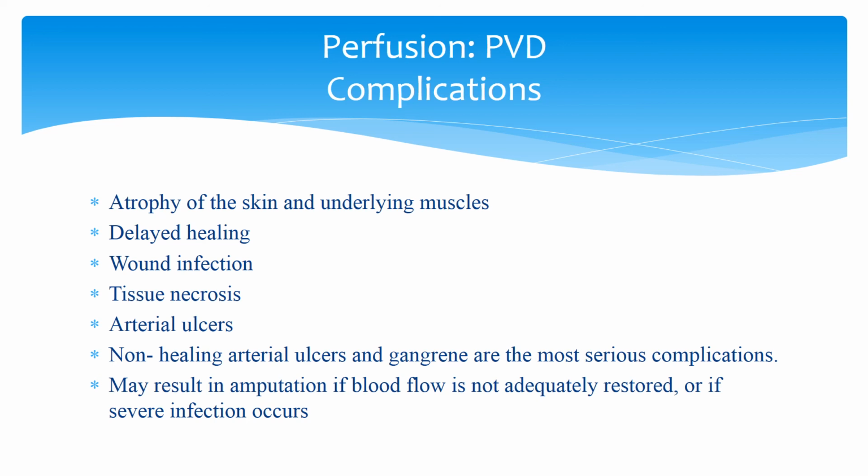So anytime that we're looking at this, we want to make sure that we're assessing for and ruling out, and making sure that these patients do have good perfusion, because in the event that they don't, then we could possibly look at a patient losing a limb, or possibly a gangrenous area or necrosis. So we just want to make sure that we're meeting that objective.